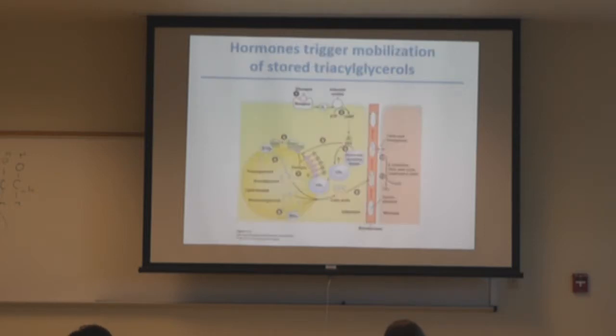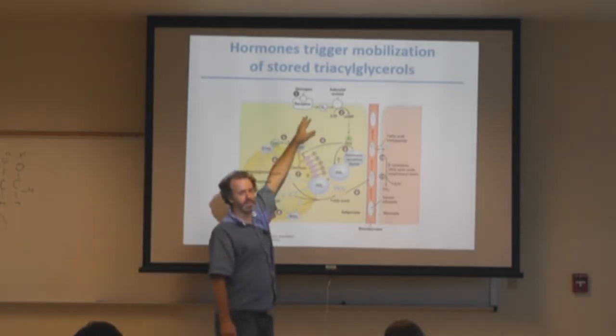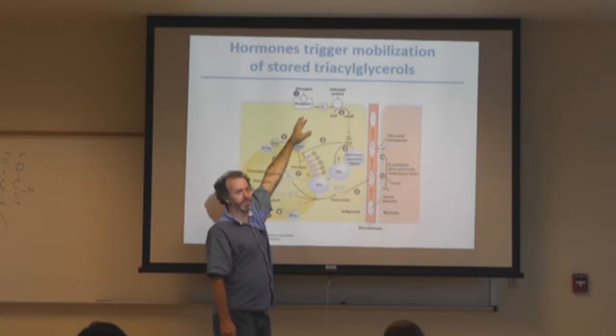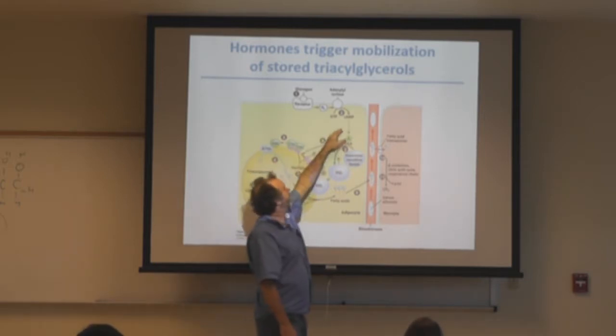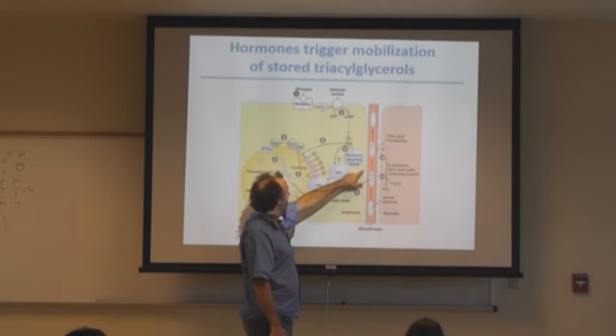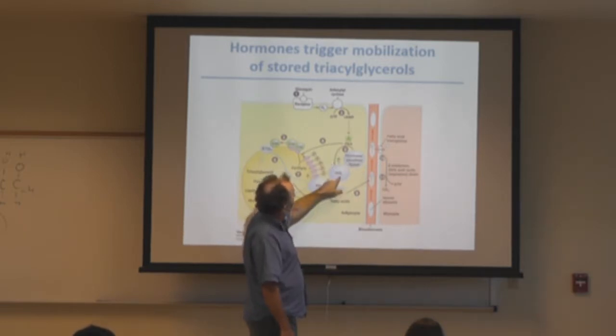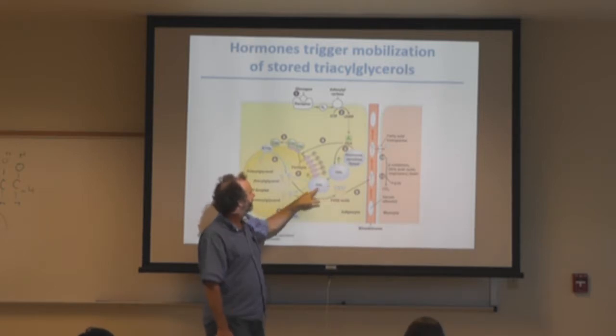So hormones trigger the mobilization of stored triacylglycerols. Glucagon, what does that tell us? Low blood glucose, so we need more glucose in our blood. It activates adenylyl cyclase, which activates protein kinase A, which phosphorylates hormone-sensitive lipase, causing it to be active.